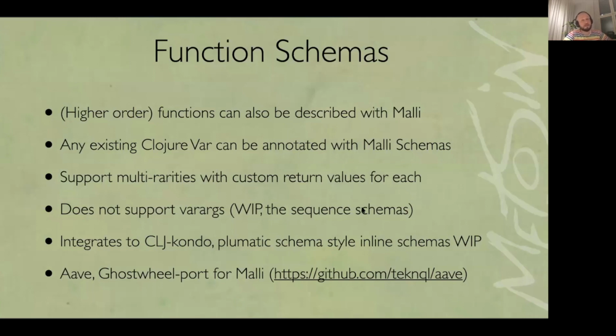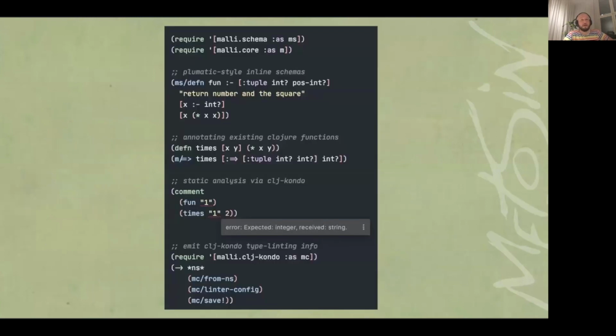And then there's this separate Ghostwheel port of Malli, which is called Aave. Here is the screenshot of the syntax. So we have this Malli schema and Malli core, and first there's this Plumatic style inline schema. We have this defn, which is, there are 2 macros in the whole library. This is one, and it's optional.